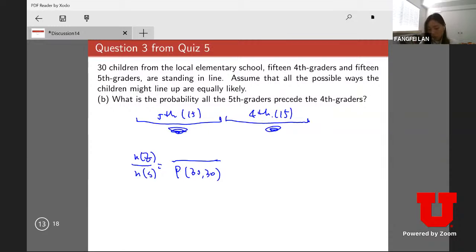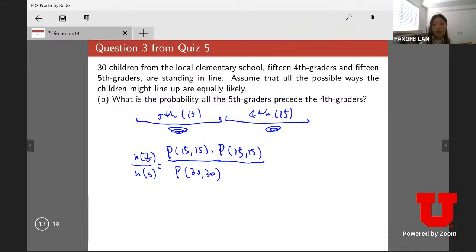So what about on top? What do we do now? How many different ways can we line them up? P of 15, 15 for both, right? Yes, exactly. Because we're arranging 15 of them, and they can permute however they want. And we have the same thing for both of them.